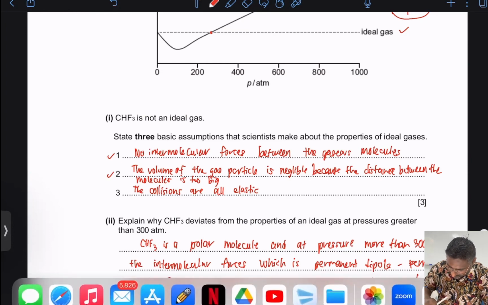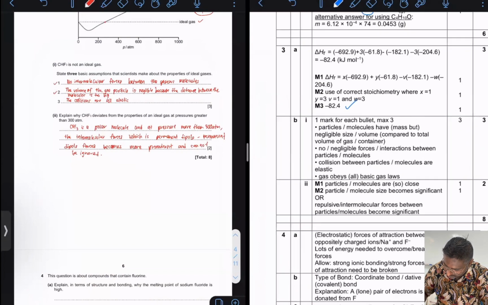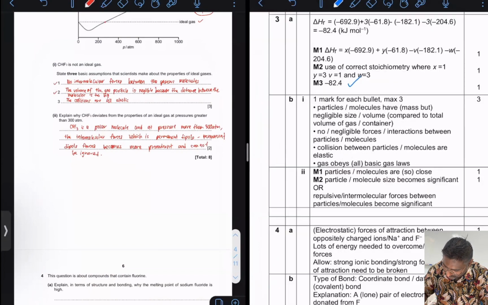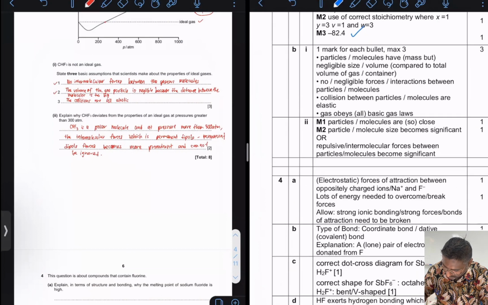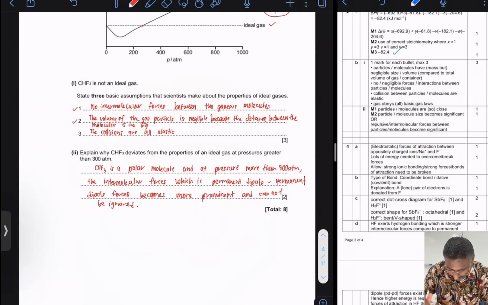Okay, let's see the answer key. B2, particles are close, and then molecular size becomes significant, or intermolecular forces become more significant. So they are talking about intermolecular forces becoming more significant and particles getting closer. Even with this answer, I'm not going to get 2 marks.